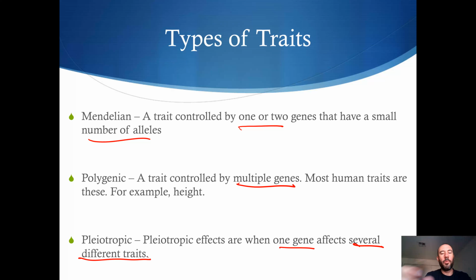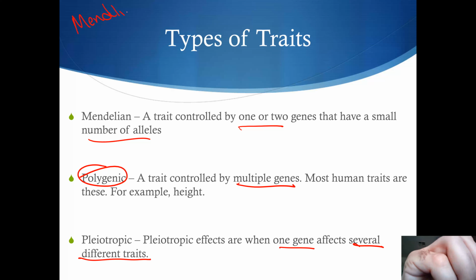Just while I'm here, let's quickly talk about polygenic, and then I'll end this lecture. So controlled by multiple genes. Now, all right. So a Mendelian trait, like pea color, you've got yellow and you've got green, right? It's an either or situation, right?